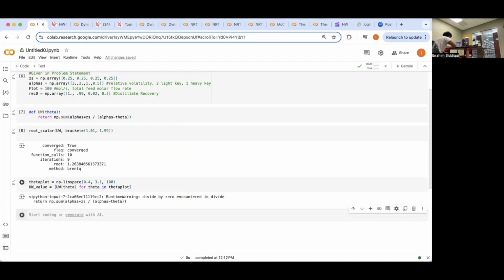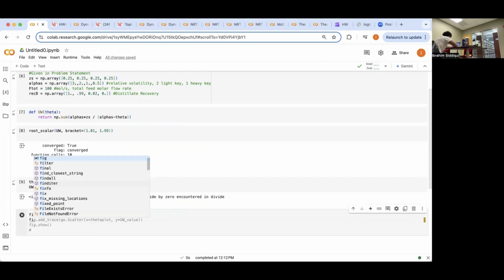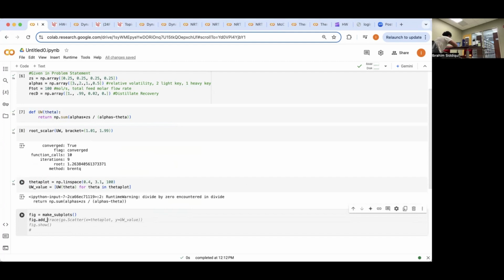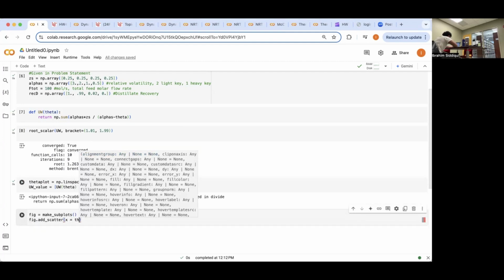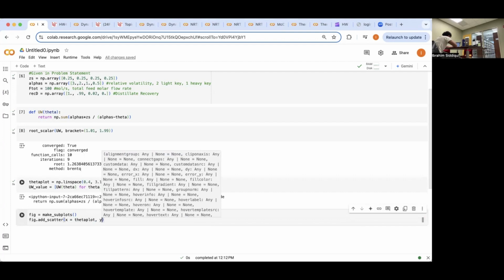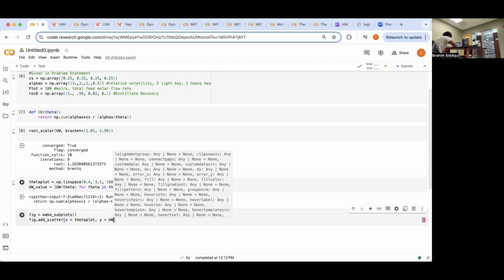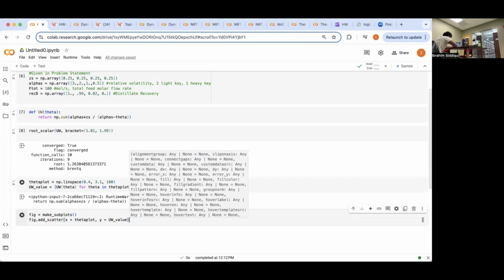Okay, so now what we can do is start creating our graph essentially. So fig equals make_subplots. Okay, so let's do a scatter. So fig.add_scatter with x equals theta_plot, and y is going to be equal to our underwood_value.